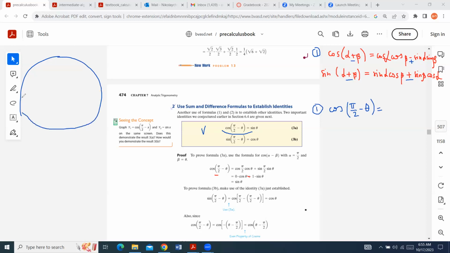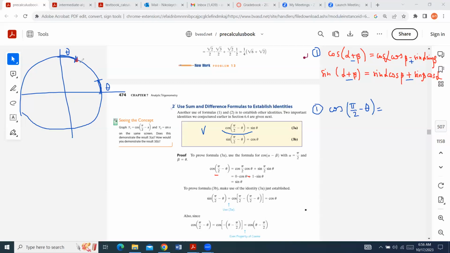So angle theta will be less than 90 degrees for convenience. So if I take angle theta someplace here, and then if I also consider pi over 2 minus theta, which is going to be subtracting this theta from pi over 2, so this angle will be, if I take away theta, then I can change the color to red, so we better see it.